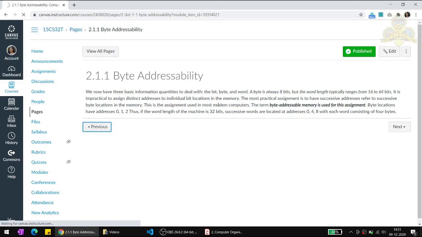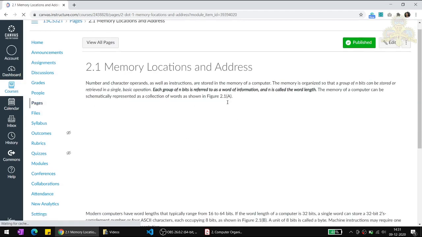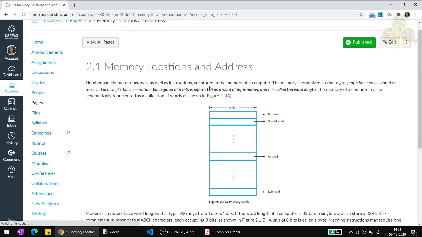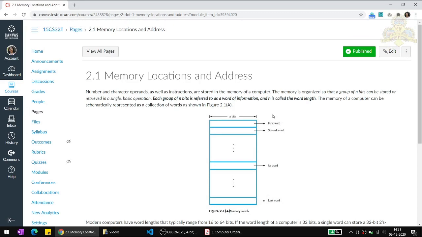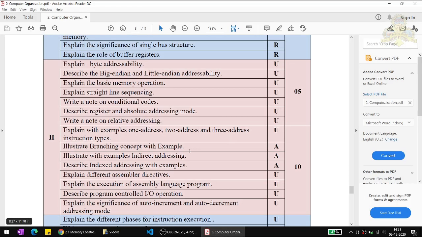If you take this basic diagram of the memory, say the first word starts from location 0, then the second word would start from location 4, because we have considered it is 32 bits. These are the things you have to write for byte addressability.